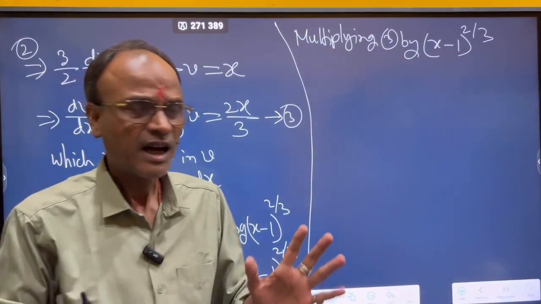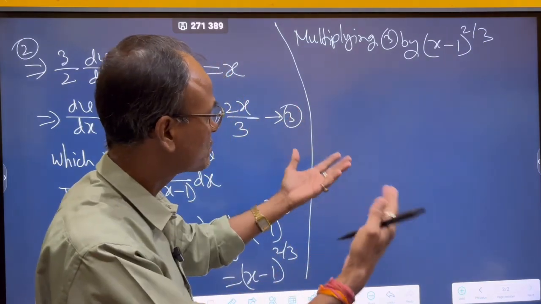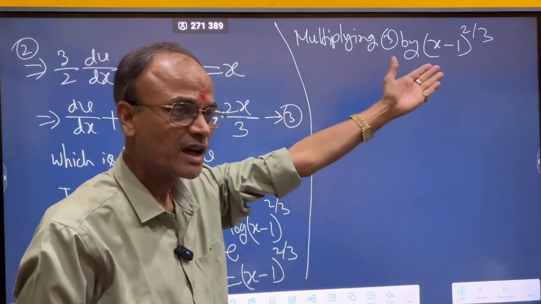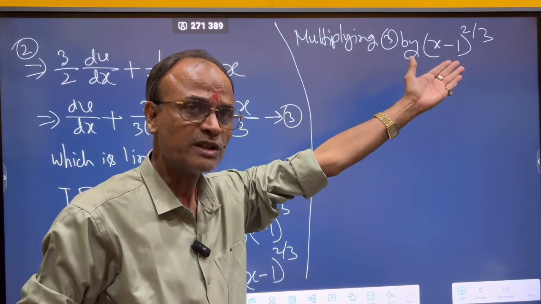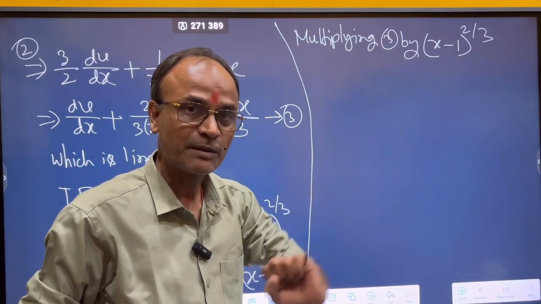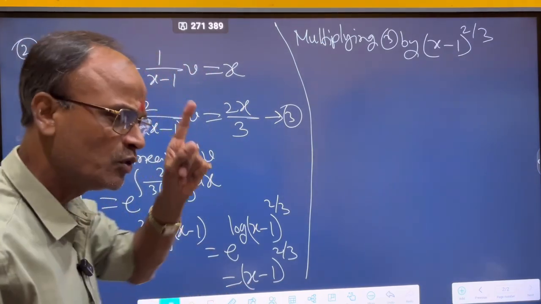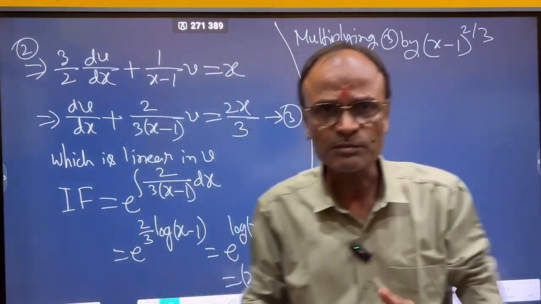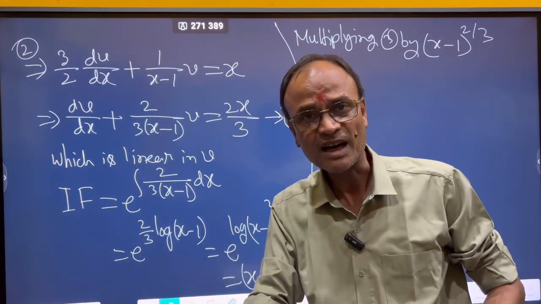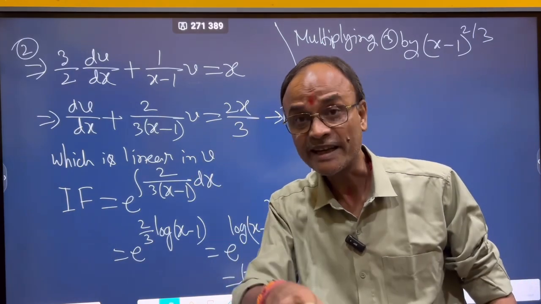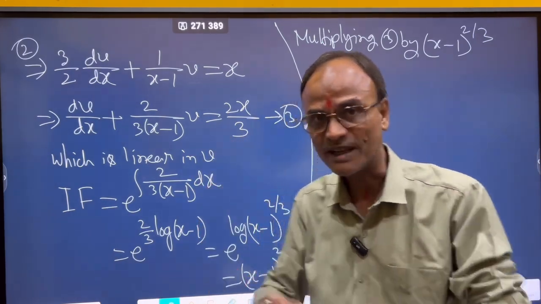But I am multiplying the whole differential equation by the integrating factor. I want to show you that if you multiply the equation by the integrating factor, then the left hand side will become a perfect differential.